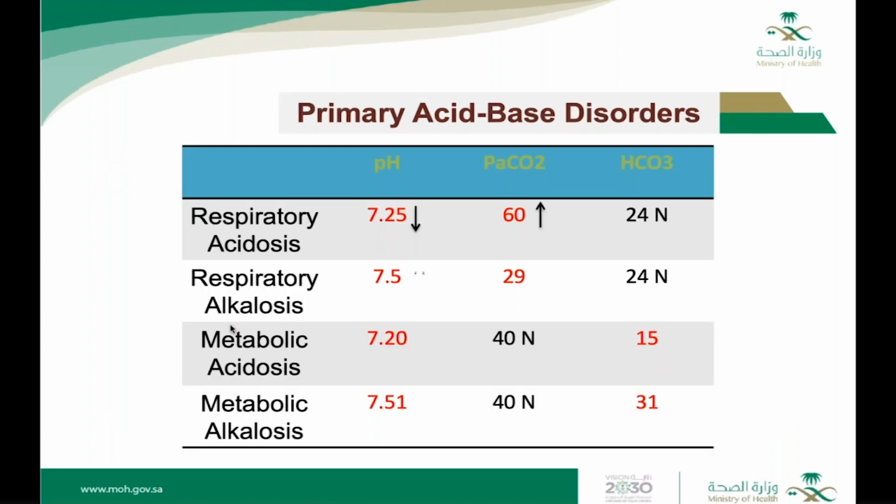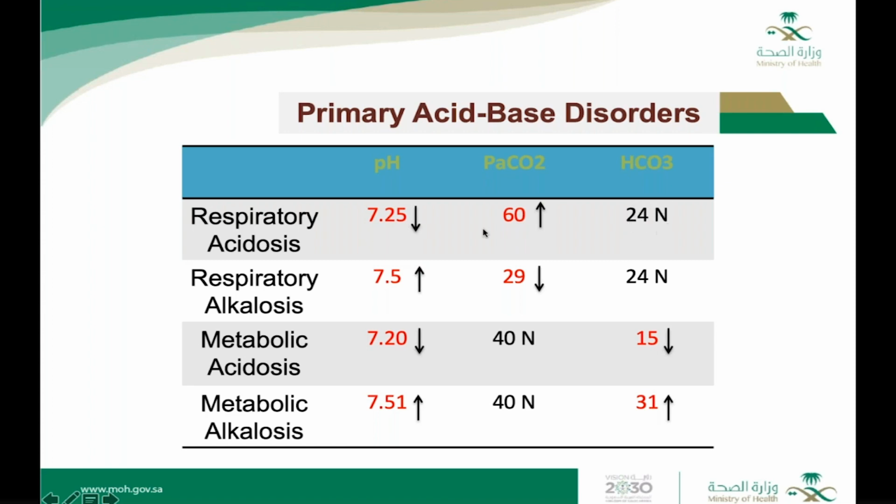So here we have some examples. Here we'll talk about respiratory. Now the pH is 7.25, which is below the normal value, since the normal value is 7.35 to 7.45. Now CO2, the normal value is 40. Now it's high. It's in the opposite direction. So the cause why the pH is low is CO2, where the bicarb is normal.